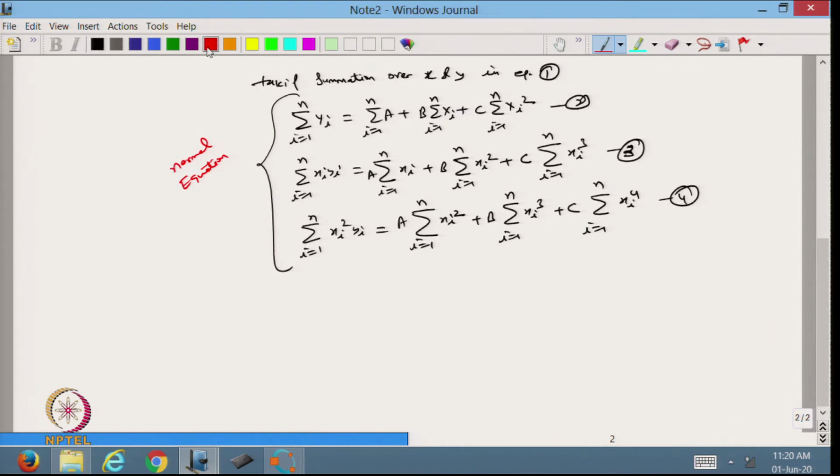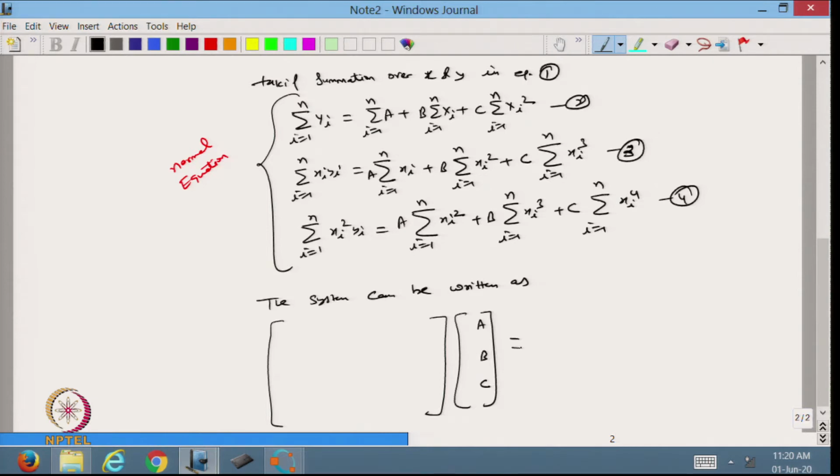Based on these normal equations, the system can be written with unknowns A, B, C. From the first equation, the row is n, summation xi, summation xi square, and on the right hand side summation yi.